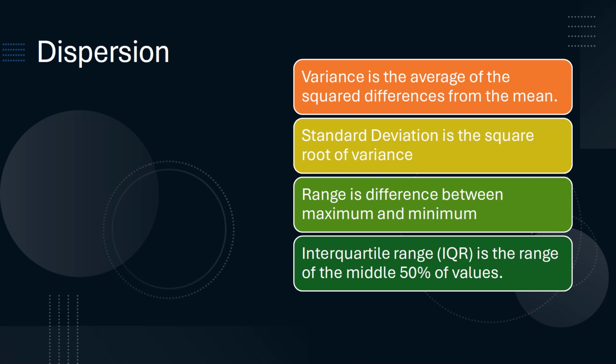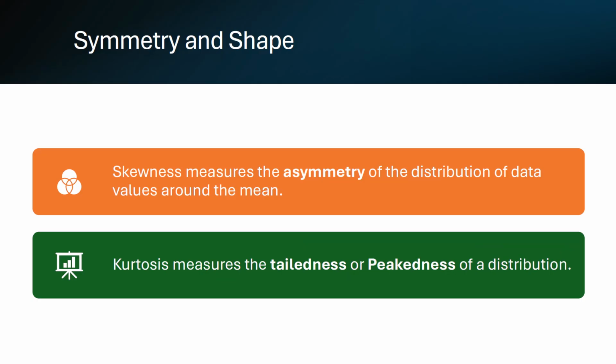These measures of central tendency and dispersion work well with the data which is well behaved. In case of data which is not well behaved, we have the other measures such as symmetry and shape. A common measure of symmetry is skewness.